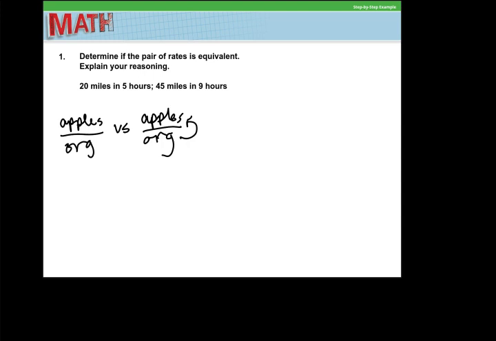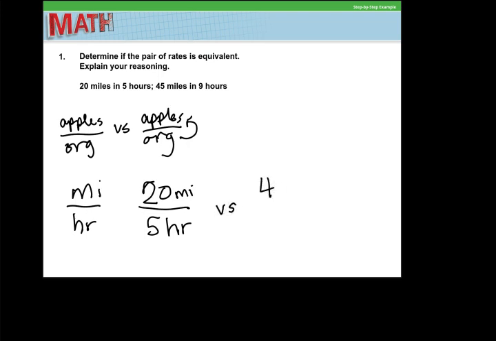No, you cannot do that. Make sure that you are doing apples against apples, oranges against oranges. So we're going to put miles on top and hours on the bottom. So I have 20 miles and 5 hours, versus 45 miles and 9 hours.